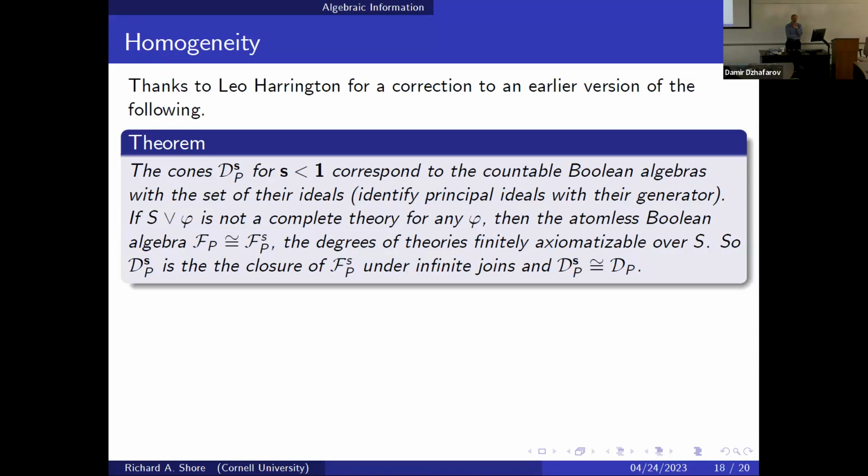And then the kernel of that mapping is an ideal. And if you mod out by the ideal, you get the Boolean algebra you mapped onto.